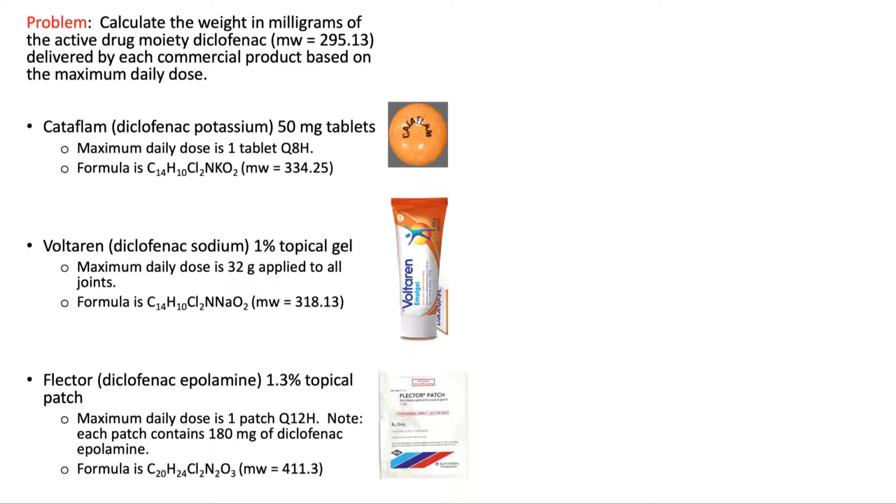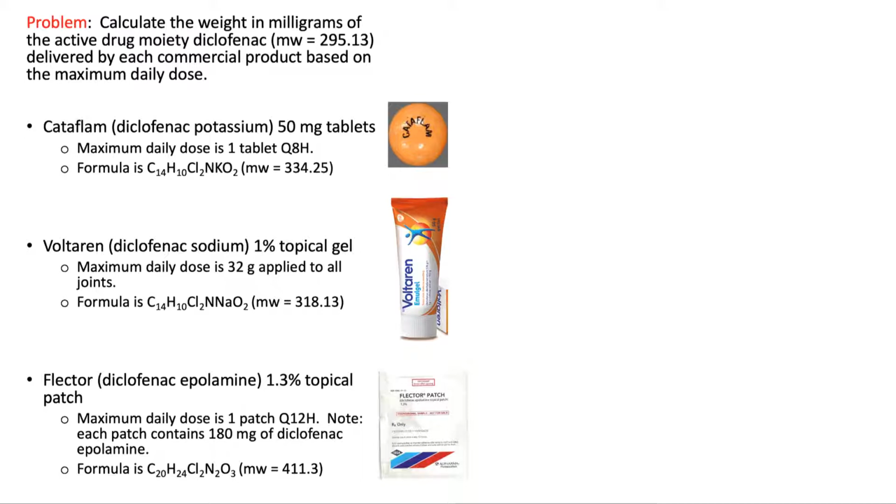Okay? And that's different than the product Flector, which takes the active moiety diclofenac and mixes it with a salt I've never heard of, epolamine. And that diclofenac epolamine is the form that's needed to put it in a 1.3% topical patch. So while it's still being used topically, it's not a gel anymore. It's actually within this patch.